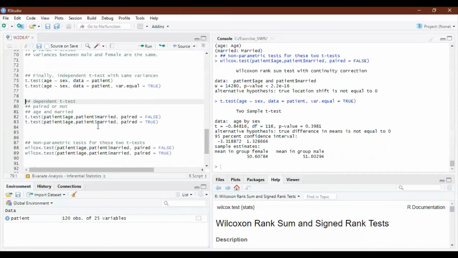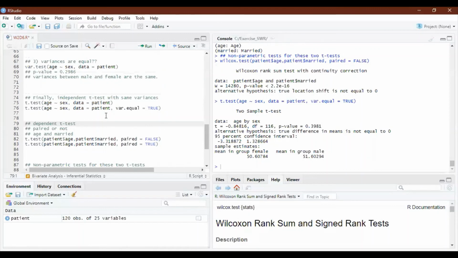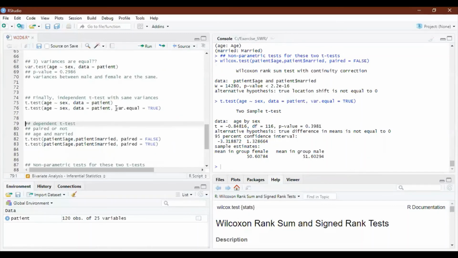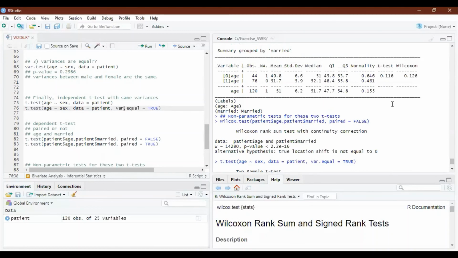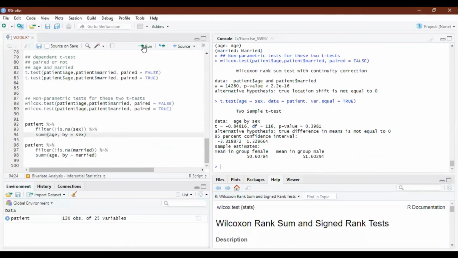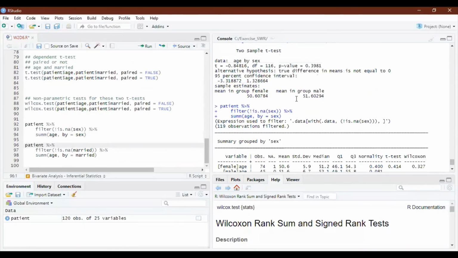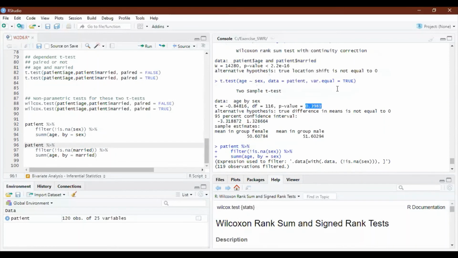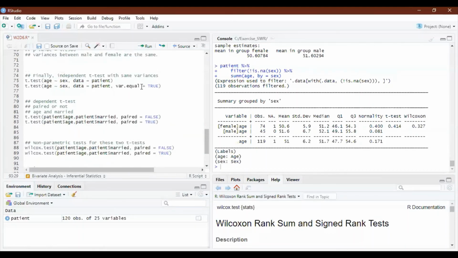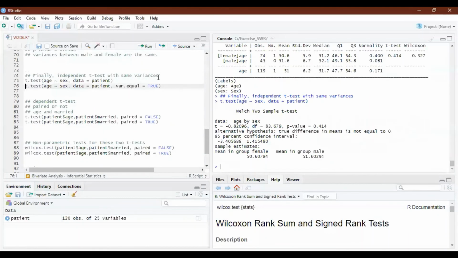Okay, I think we have confused a lot of things. This was age and sex. This is age and sex, and then we say this is age and sex. This is approximately a two-sample t-test. Okay, I see.